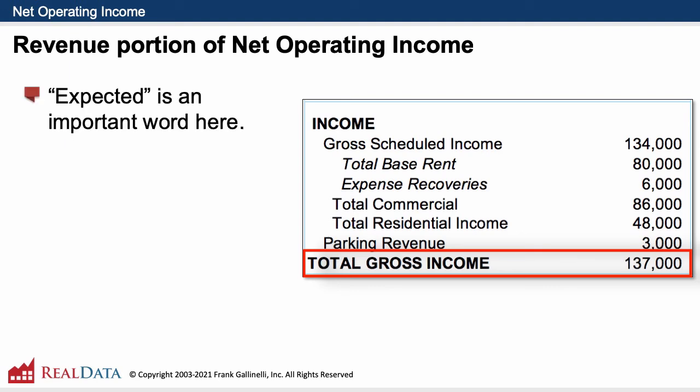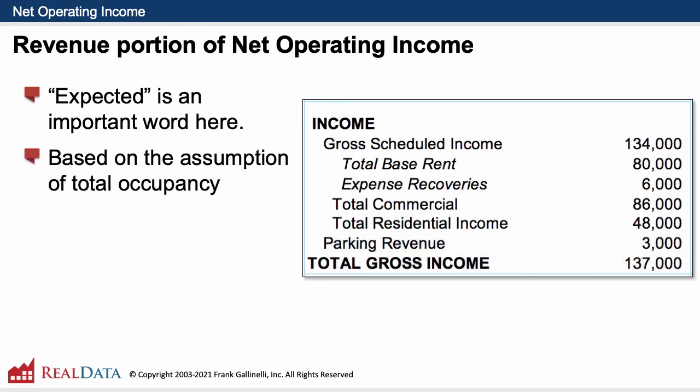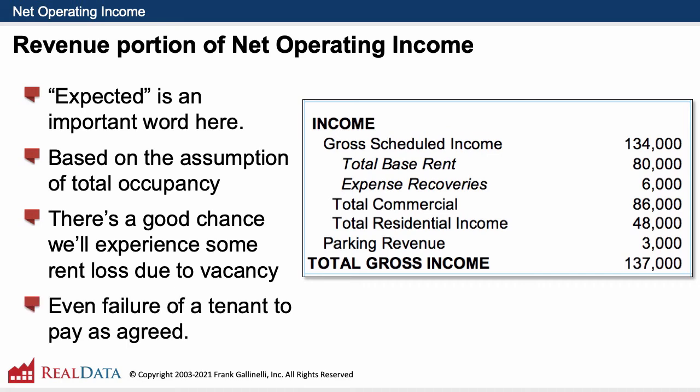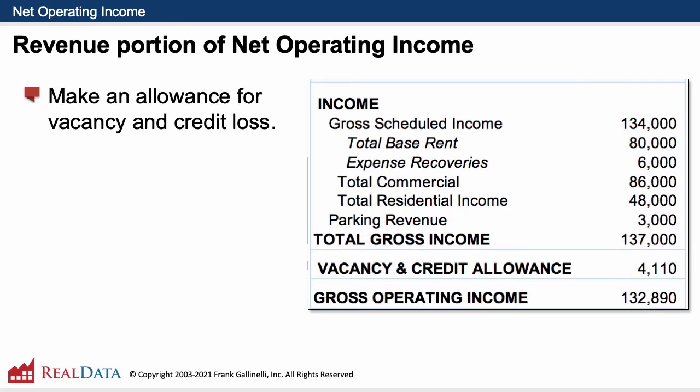Expected is an important word here, because you'll recall I said this was based on the assumption of total occupancy. Of course, we would like that to be true all the time, but in the real world, and even in the best of properties, there's a good chance that we'll experience some rent loss due to vacancy or even due to a failure of a tenant to pay as agreed. So we're going to make an allowance for vacancy and credit loss.